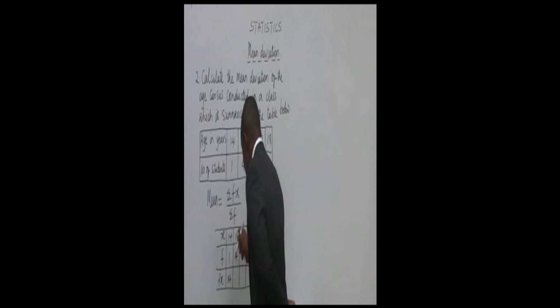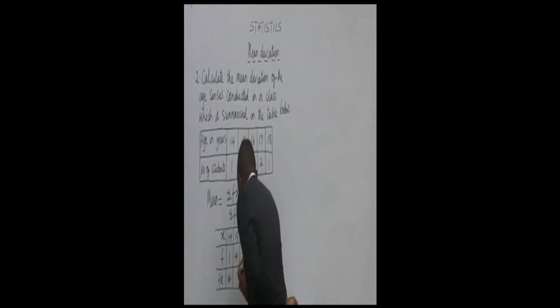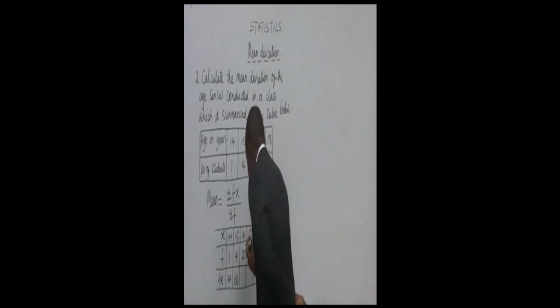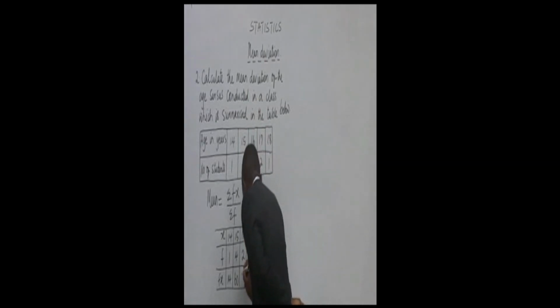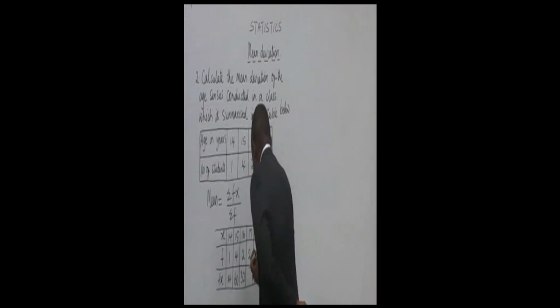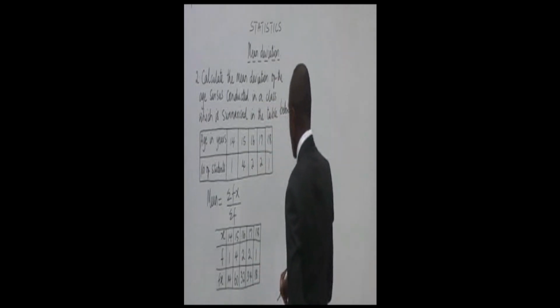Second one, 15 times 4 gives you 60. 16 times 2 gives you 32. 17 times 2 gives you 34. 18 times 1 gives you 18.